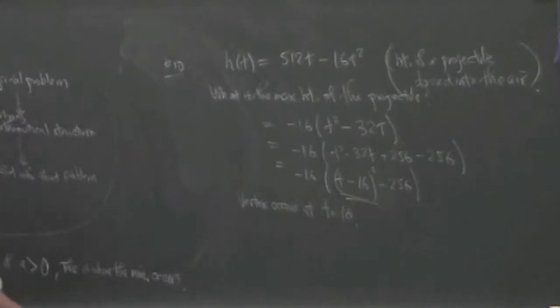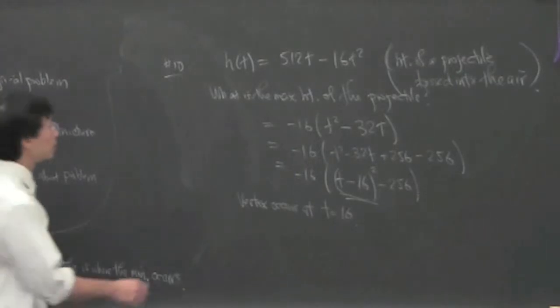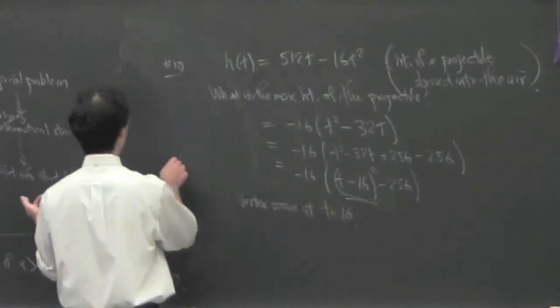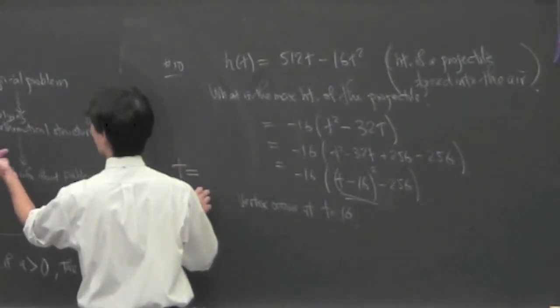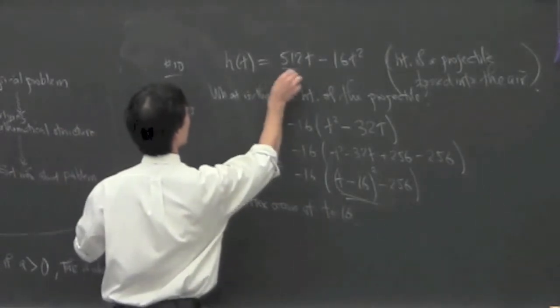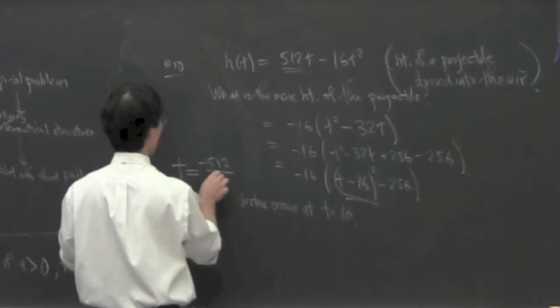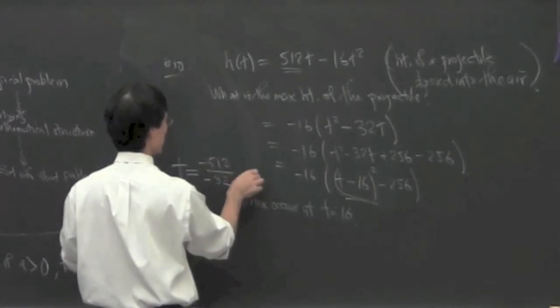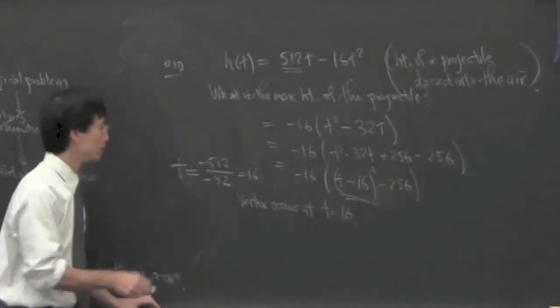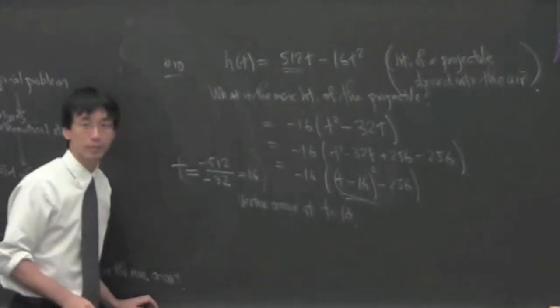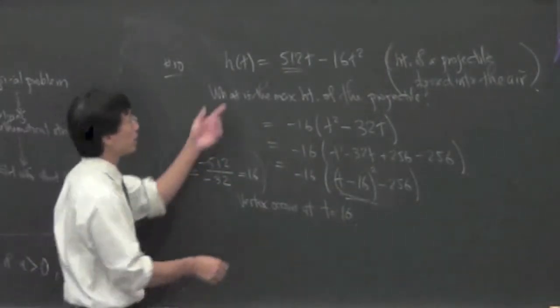We could have just used what we worked out and said it's going to occur when t equals negative b over 2a, which is 16. Then you just plug 16 into t.